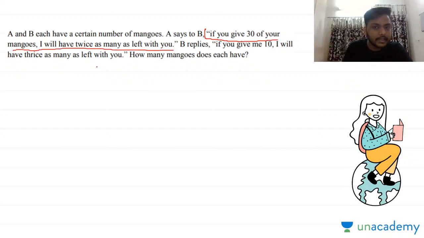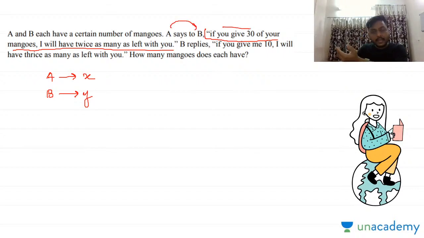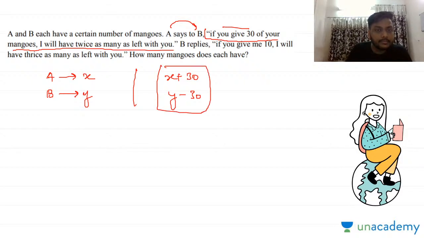So you have to understand that A is having X and B is having Y. So when A is saying to B that if you give me, which means A is taking and B is giving, I will be having X plus 30 because A is taking, and because B is giving, it will be Y minus 30. And then the relationship between them, that I will have twice, which means X plus 30 will be 2 times Y minus 30.